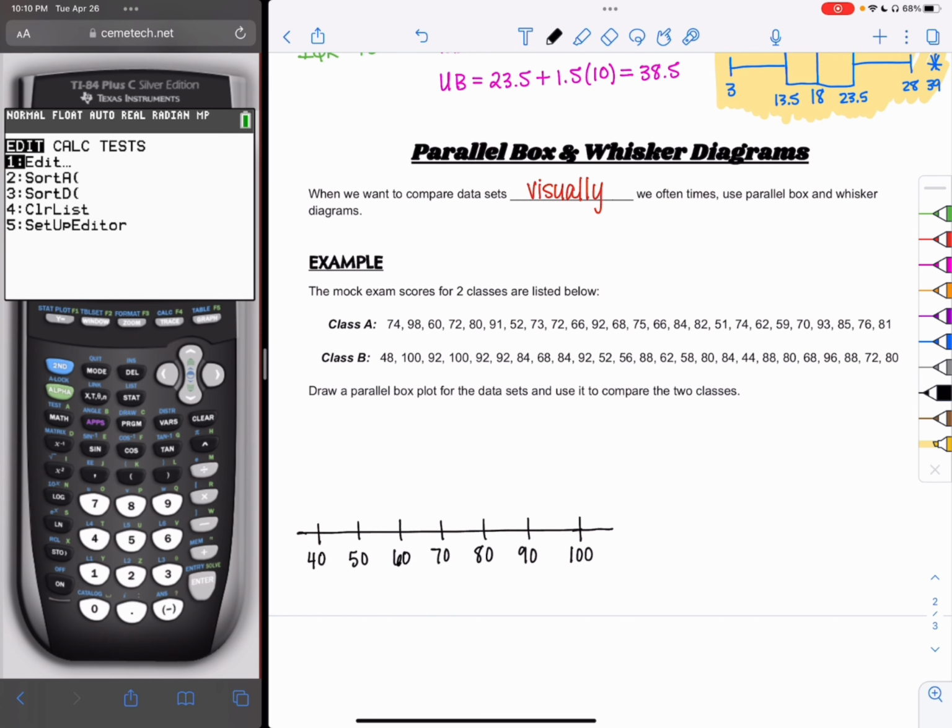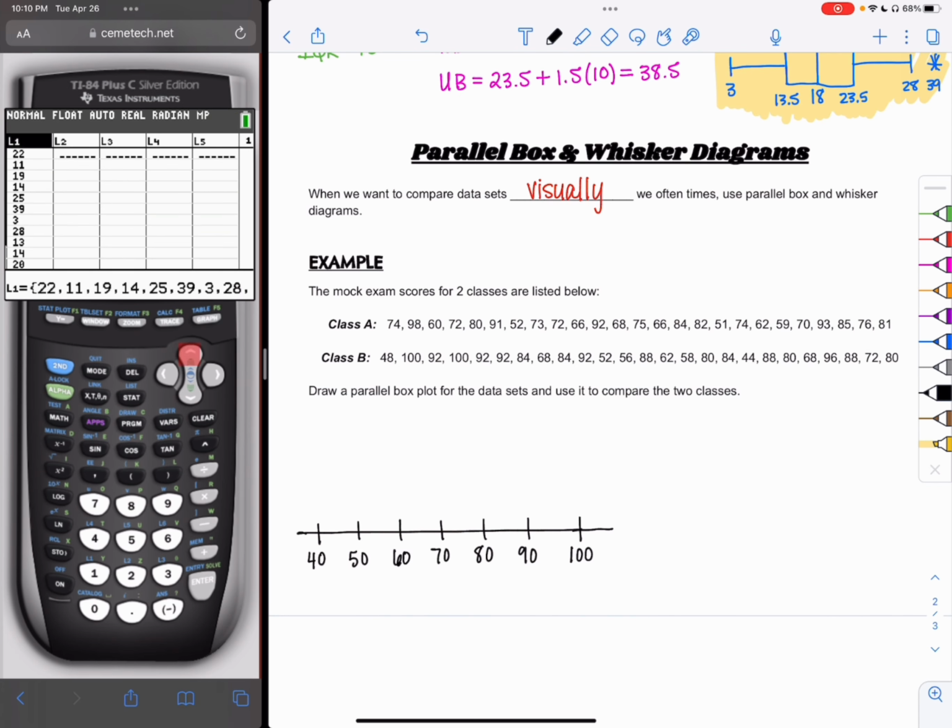So now I need to press Stat Edit, and I'm going to scroll up to L1 and press Clear and then Enter, and I'm going to put Class A in L1.